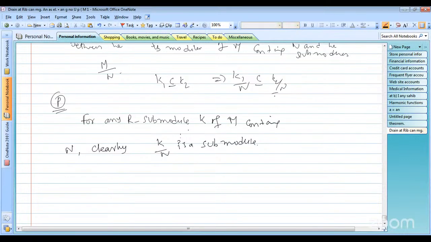So K1 is a submodule you have taken here. That one in the proof. For any R submodule, K1 is a submodule.